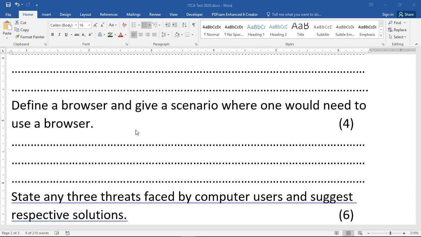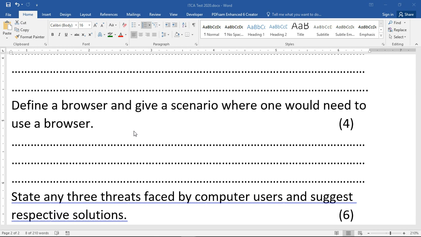So that's the definition. Then for an example or a scenario, when one needs to do research about a given assignment, or about a certain topic or subject of his or her choice, then you get your marks. So you choose your own example.